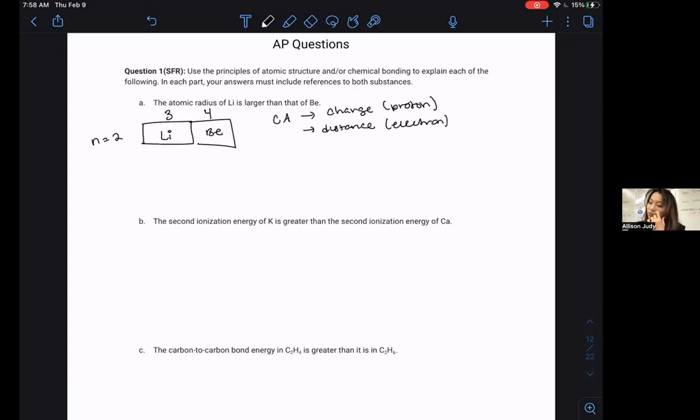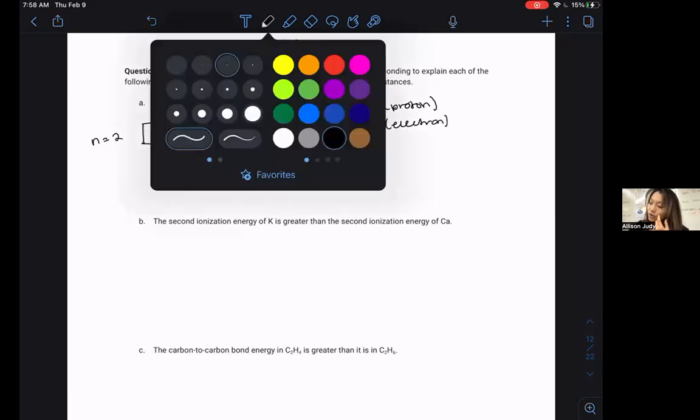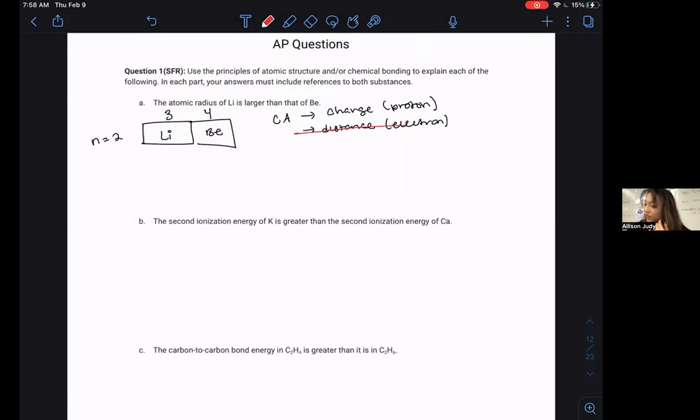When we look at this, we see that they're in the same row. So we automatically can identify that the distance is not really the issue that is going to separate them or their explanation for why the radius of lithium is larger than beryllium.